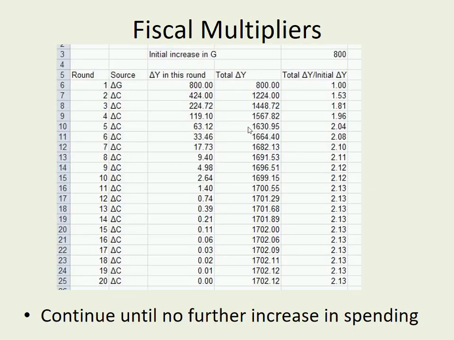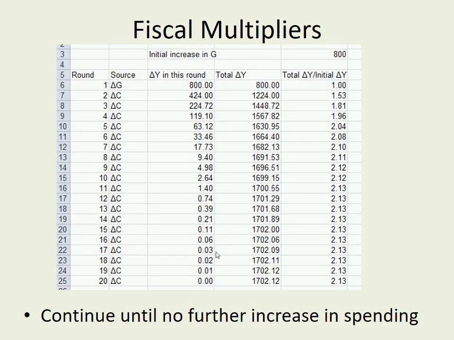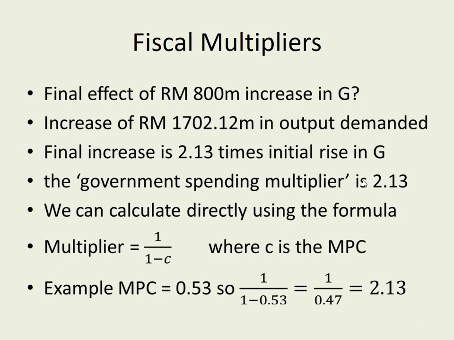Now, if you're looking back at this, it all looks a bit impractical. The good news is you don't have to do all this adding and all that calculation. There's a way of jumping straight to this number, and this is using a formula called the multiplier formula, which is just this. C is the marginal propensity to consume. So if you were doing this in an exam or test or part of your assignments, or in the future when you're a consultant, you wouldn't do any of that calculation.